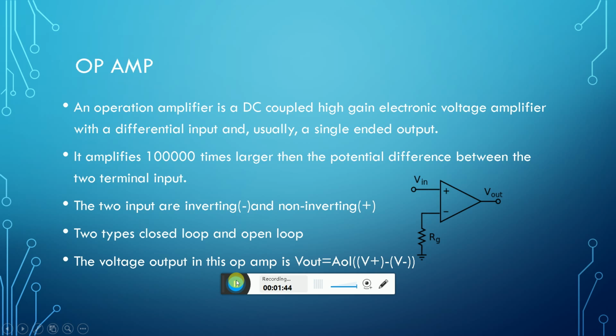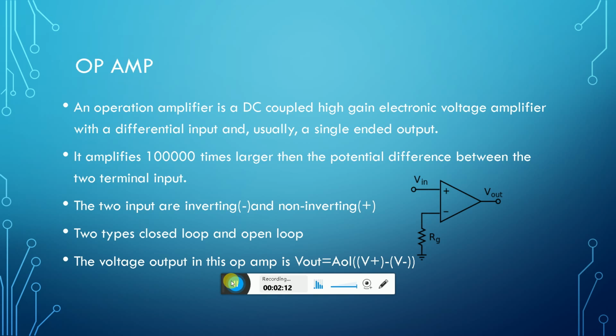And the gain in this operational amplifier is given here. V out is equal to the gain of the operational amplifier times the difference between the two input terminals. There are two ways you can use an operational amplifier: one is closed loop and the other is open loop.